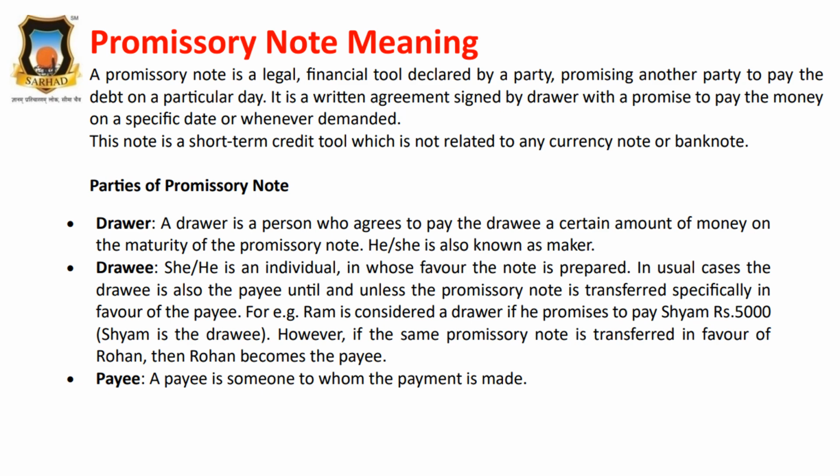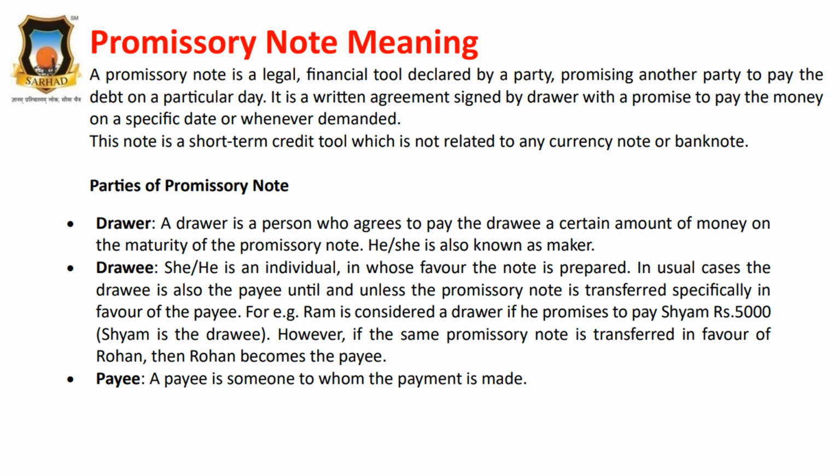Now the second one is drawee. It's definitely the opposite party. Who makes the bill? Drawer makes the bill, or drawer makes the promissory note. Who is drawee? He or she is an individual in whose favor the note is prepared. I hope this is clear. He is a person on whom the promissory note is made.